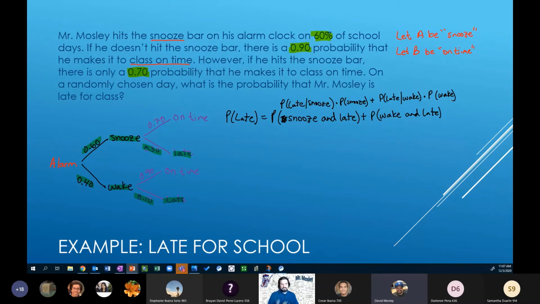This is just using the general multiplication rule.